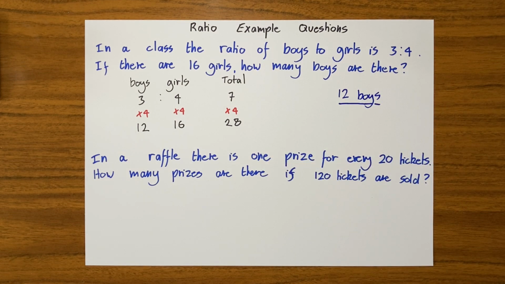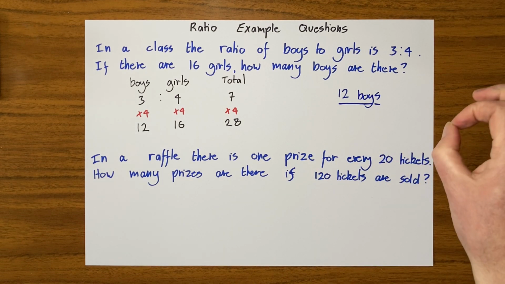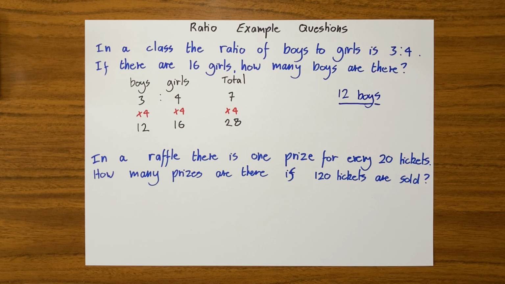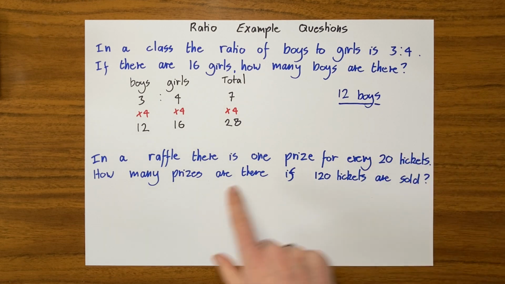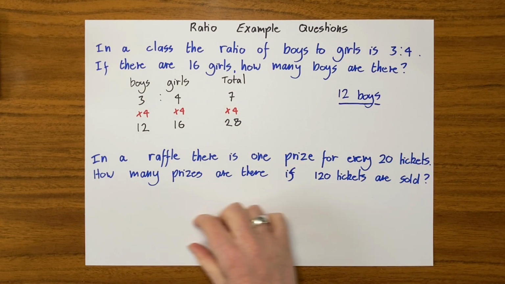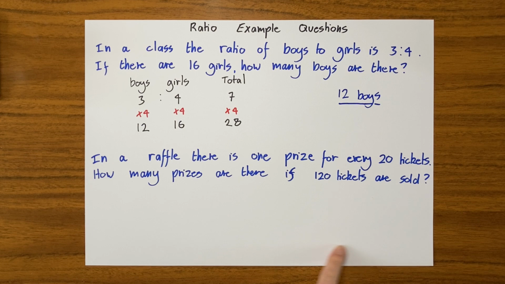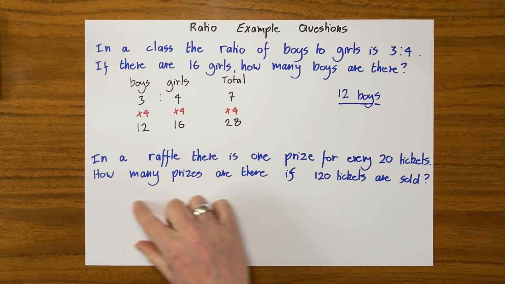Now, in this question, in a raffle, there is 1 prize for every 20 tickets. So what I'm going to think to myself is my total here is 20 tickets. If I've got 20 tickets all laid out here, can you picture 20 raffle tickets? I'm not going to draw them, but let's imagine them.